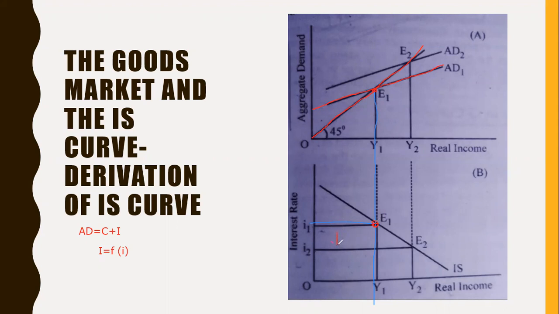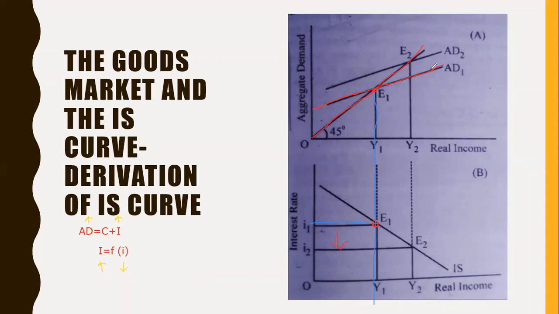Next we assume that if the interest rate declines, a fall in interest will lead to a rise in investment. Investment increases when aggregate demand will rise.